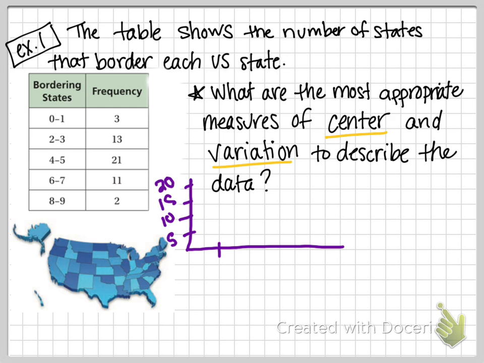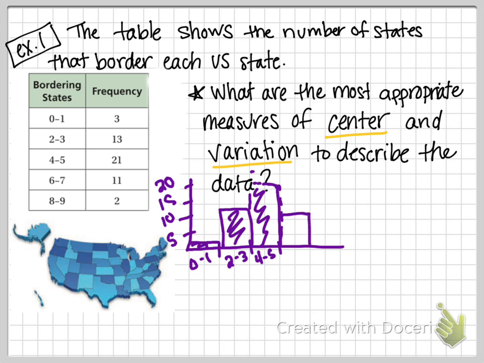So 0 to 1, it's at 3. 2 to 3 is at 13, so something like around here. And 4 to 5 is way up at 21, so I'm going to be off my paper. And 6 to 7 is at 11, and 8 to 9 is at 2.